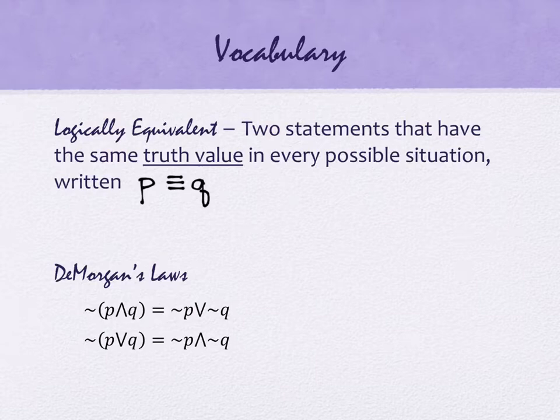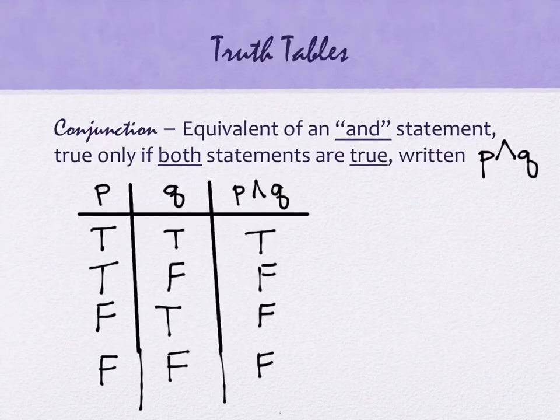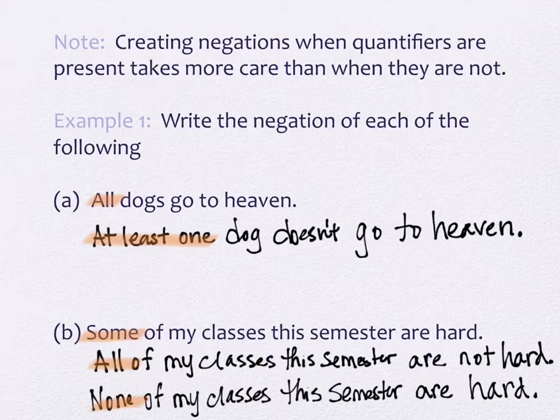We saw an example of that early on. Right here, these two statements that we wrote that were the negations, they mean the same thing. All of my classes this semester are not hard means the exact same thing as saying none of my classes this semester are hard. Those are logically equivalent statements. They mean the same thing.